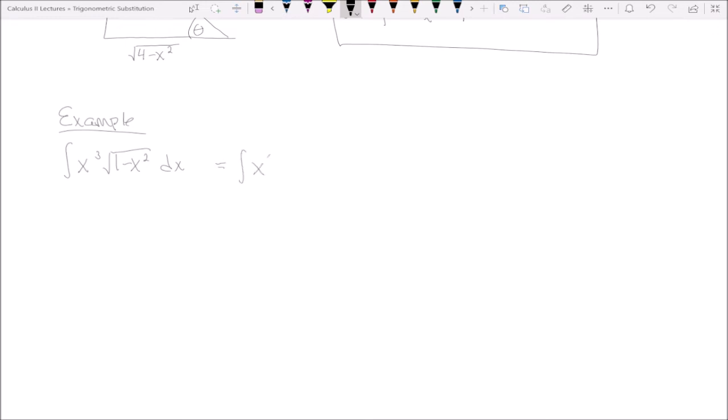Antiderivative of x squared times the square root of 1 minus x squared times x dx. Now let's use a u substitution. Let u be 1 minus x squared. This would mean that du is negative 2x dx, and we can write x squared as 1 minus u.